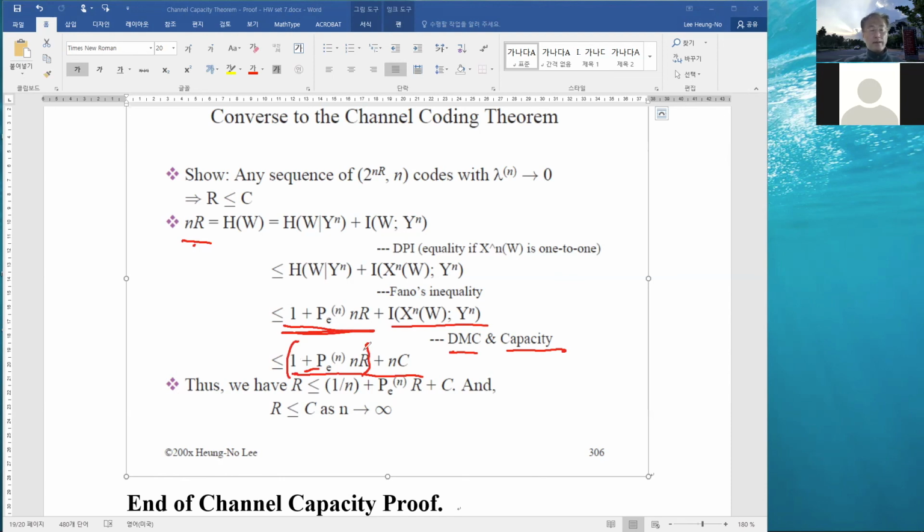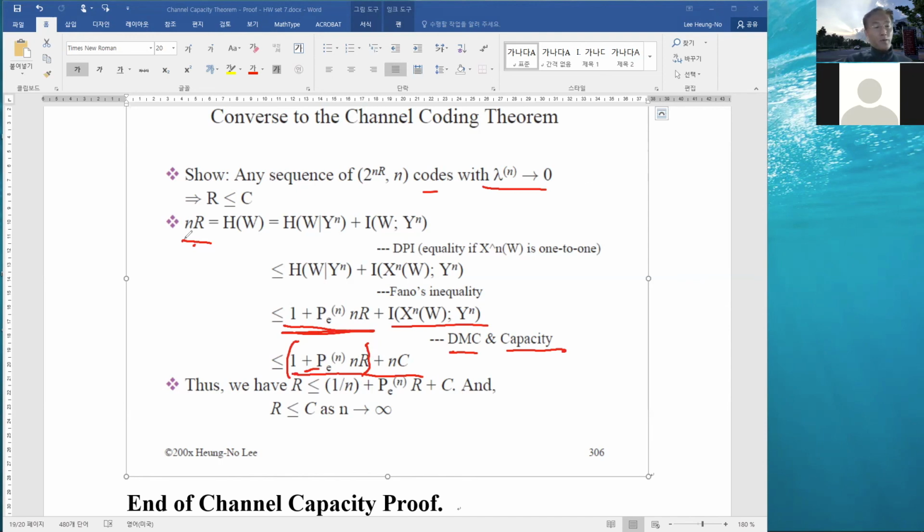It was exactly 0 in the case of zero-error codes, but it is not exactly 0 in the case of any code with the maximal error approaching 0.